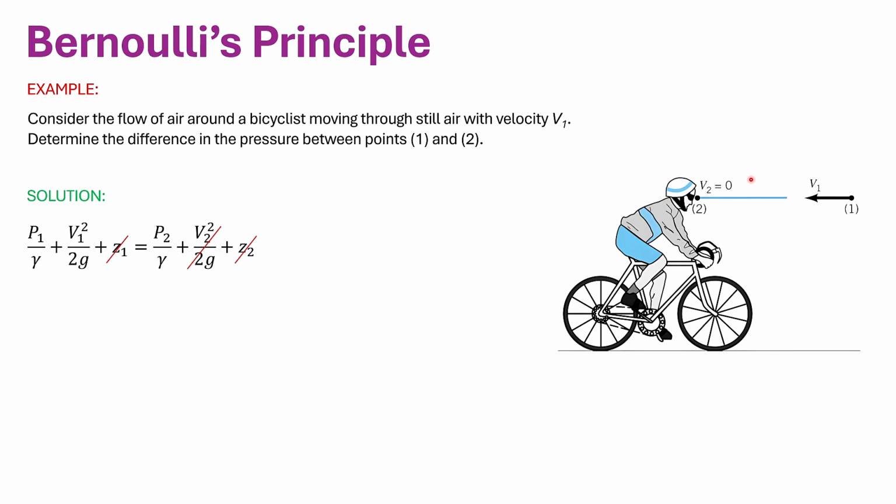The question tells us that v2, at the point where air touches the face of the bicyclist, is 0, so this term also becomes 0. Since v2 equals 0 and z1 equals z2, this whole equation simplifies to p1 over gamma plus v1 squared over 2g equals p2 over gamma. If you rearrange that, delta p, or p2 minus p1, becomes 1/2 times rho v1 squared.